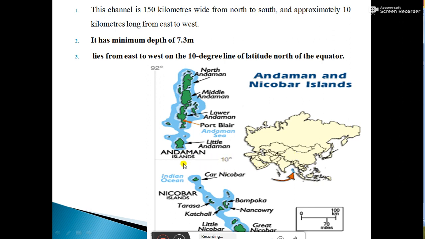If we see this portion to this portion, the height of the 10 degree channel is 150 kilometers, and the length from the eastern portion to the western portion is 10 kilometers.